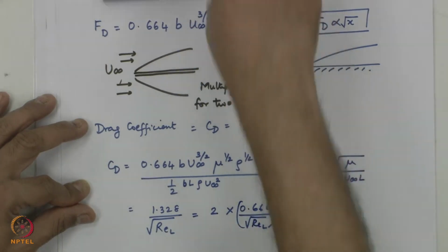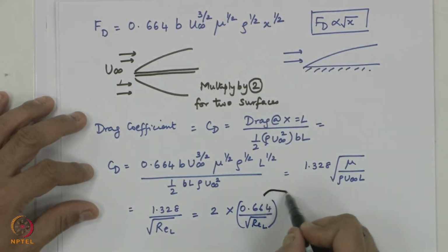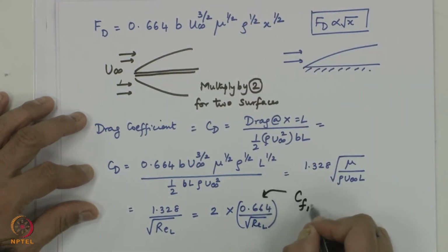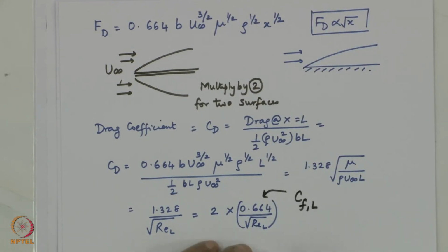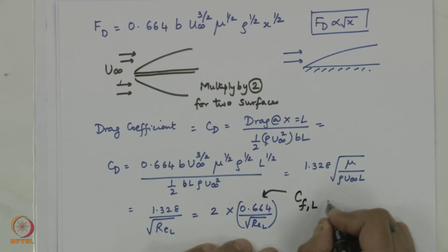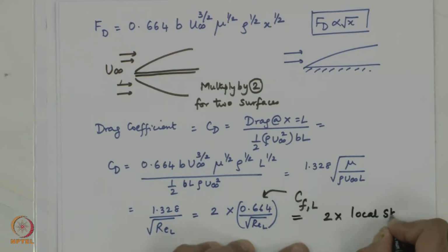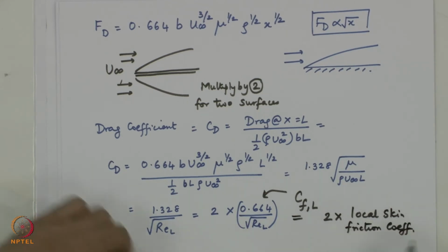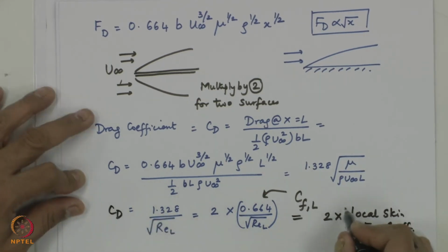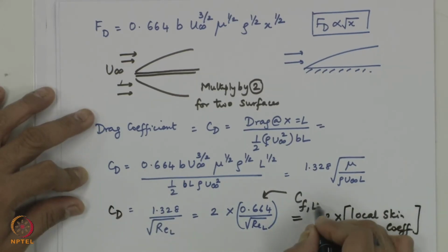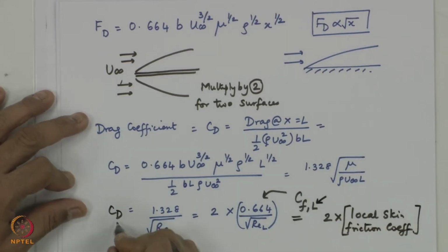What is this quantity? It is nothing but the coefficient of friction at L. So, the drag coefficient is nothing but 2 times the local skin friction coefficient. These are two different things.